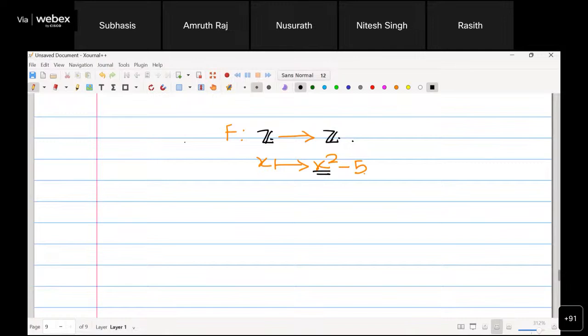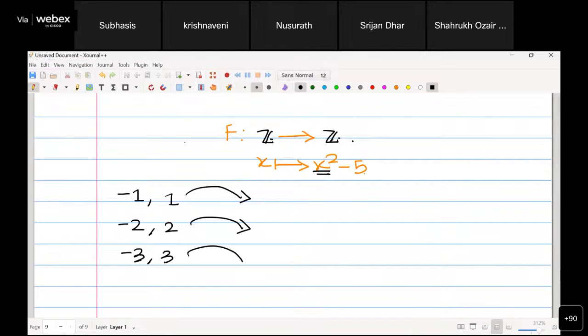No, sir, it's not surjective, it's not onto, because range and codomain are not equal. See, the images of minus 1 and 1 will go to the same thing, right? Minus 2 and 2 will also go to the same thing. Minus 3 and 3 will also go to the same thing, right? So where will minus 1 and 1 go?